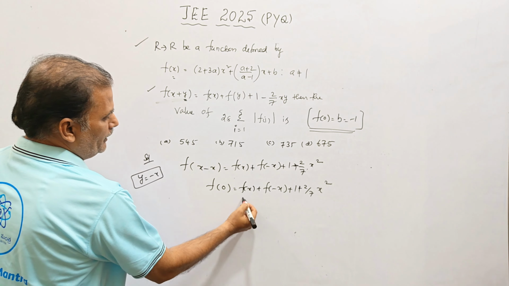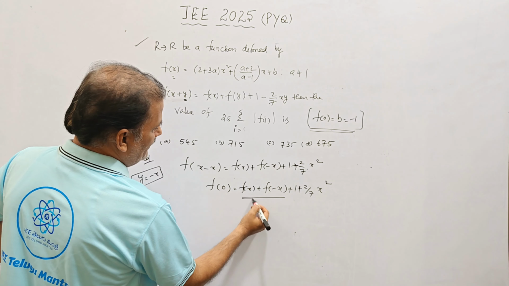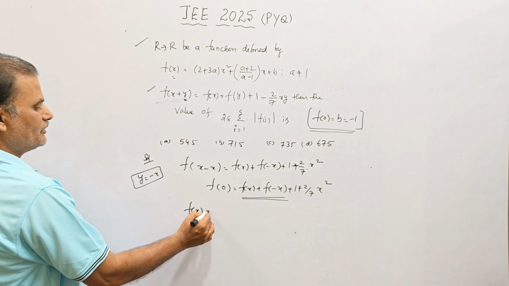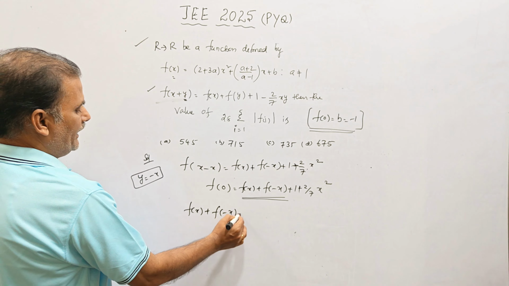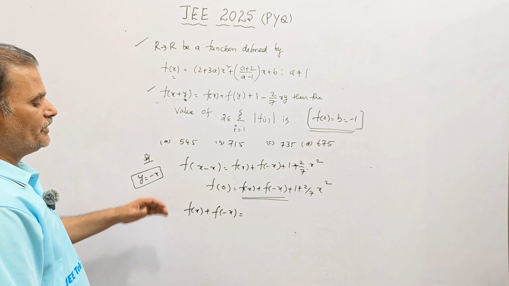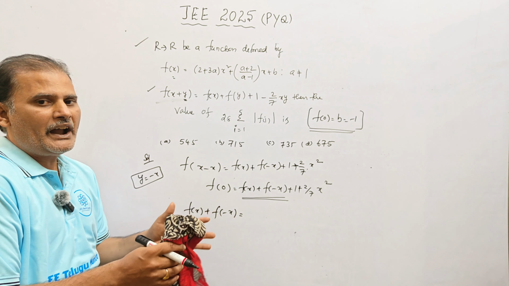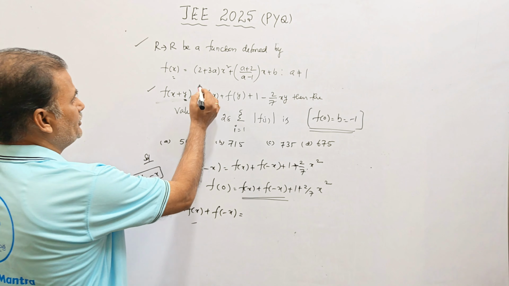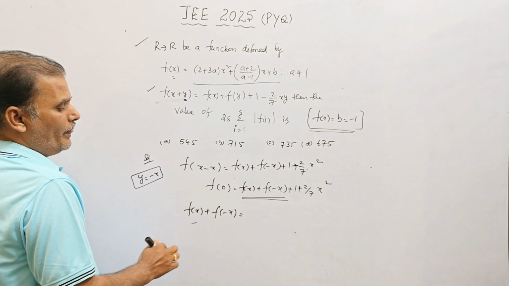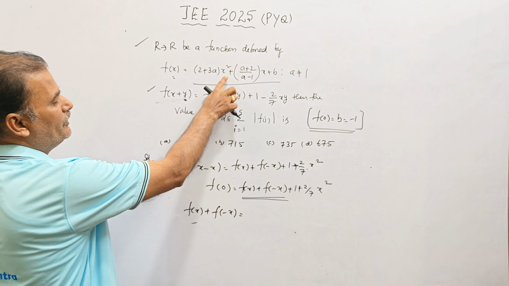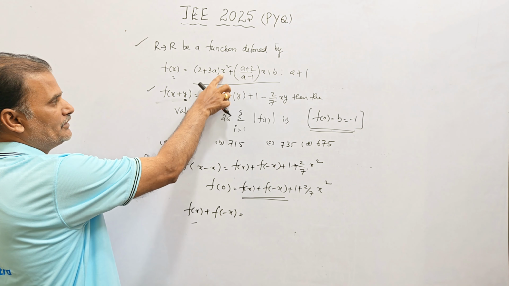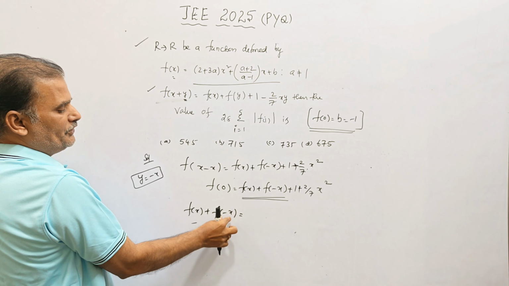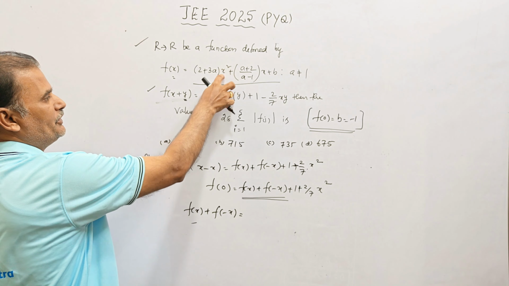Now here f(x) plus f(minus x), I want this value. Directly I can write here, if you substitute f(x), f(minus x), then adding, we get a big value. Just we observe that here f(x) is f(x) only, there is no change in the x square term. Then f(minus x), if you replace x with minus x, again we get x square only, because minus x whole square is positive.